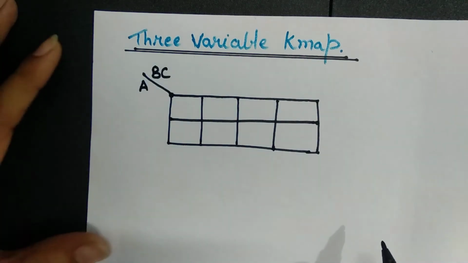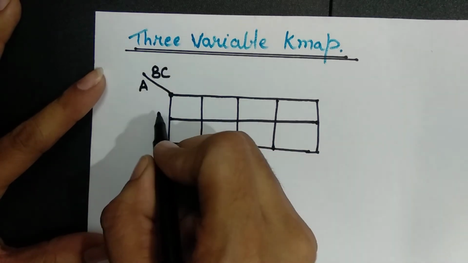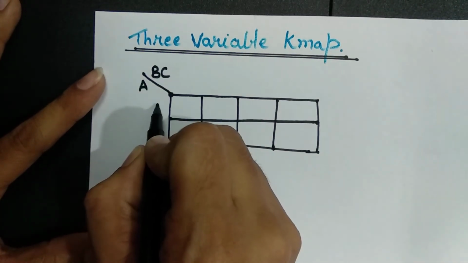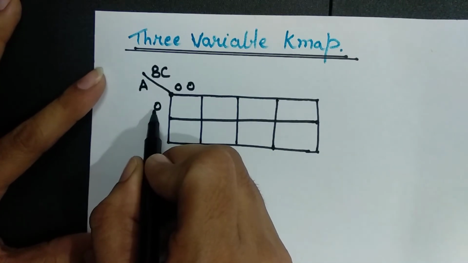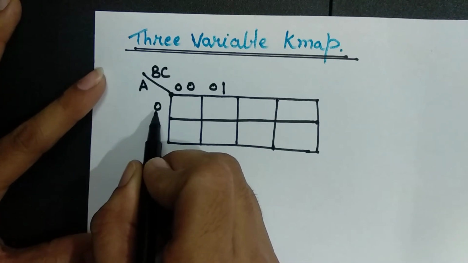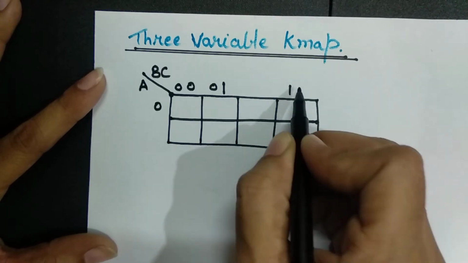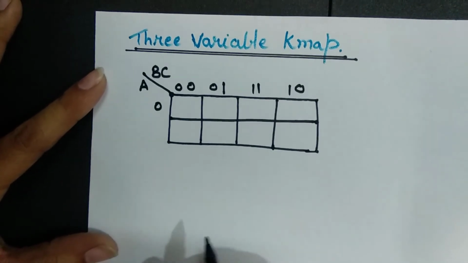While writing a truth table, on the input side we write 0 0 0, 0 0 1, 0 1 0, 0 1 1.